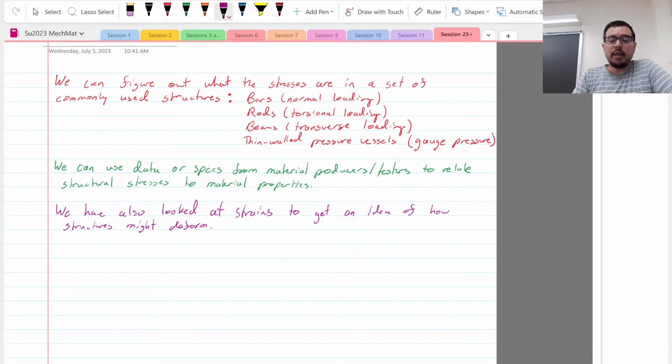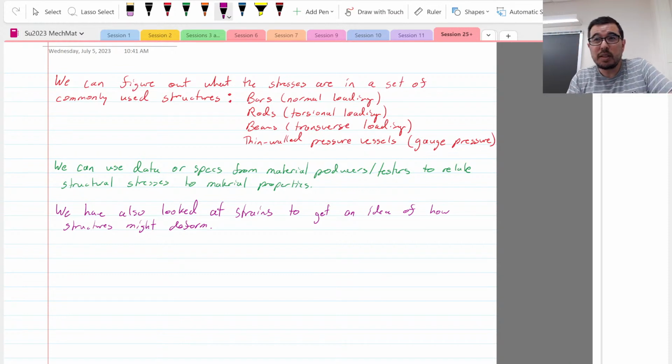And then the climax here is looking at deformations in beams. Okay, so now those deformations are the most visible of the ones we've discussed. I mean, yes, if you have a rubber band and you stretch it, you can see it.